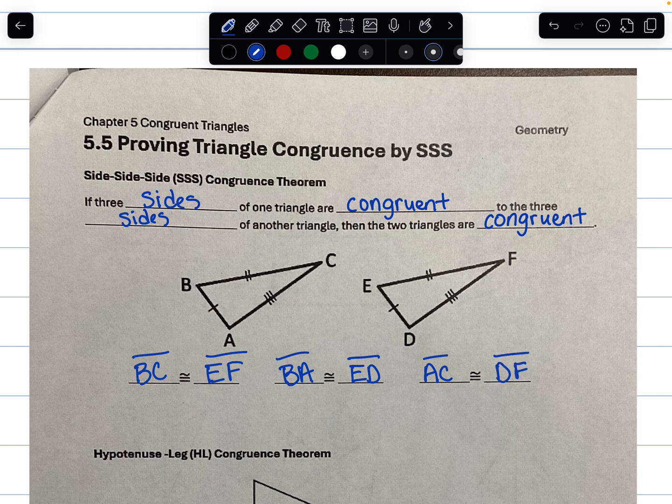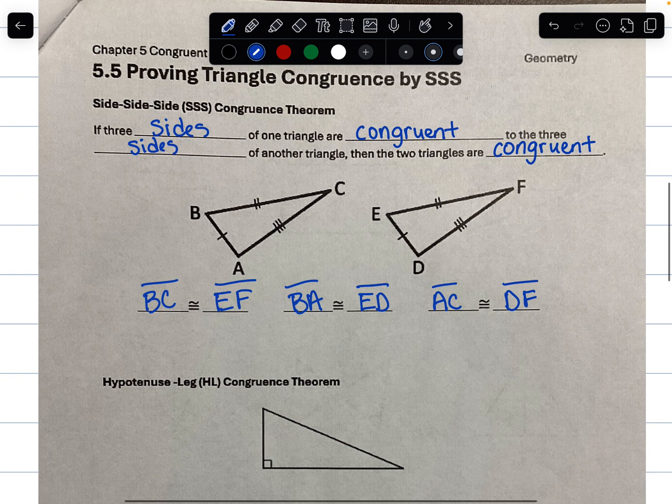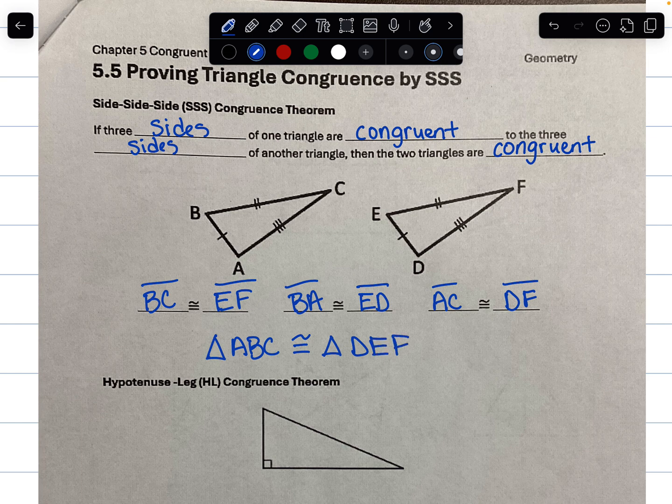Good. So, since all three sides are the same, we can say triangle ABC is congruent to what triangle? DEF. Good. Now remember, this one was kind of easy because they're listed the same way, right?